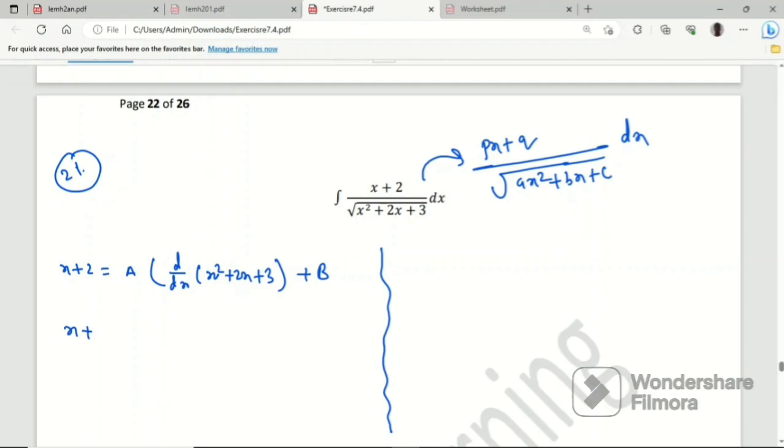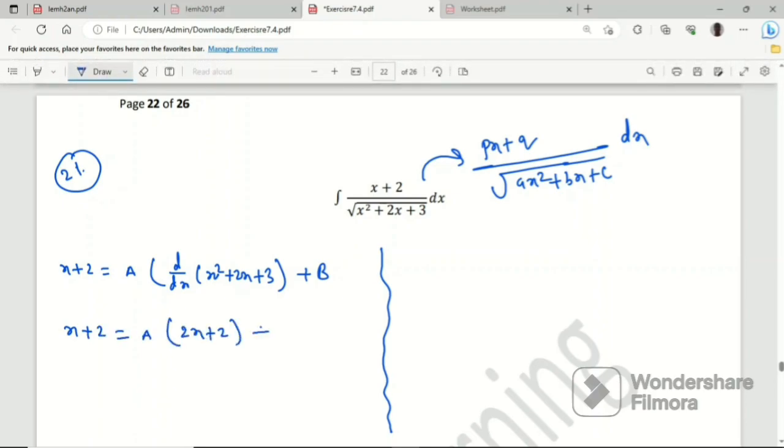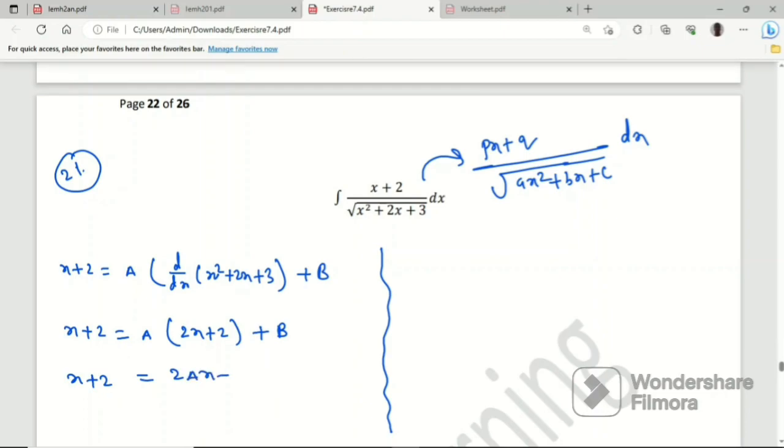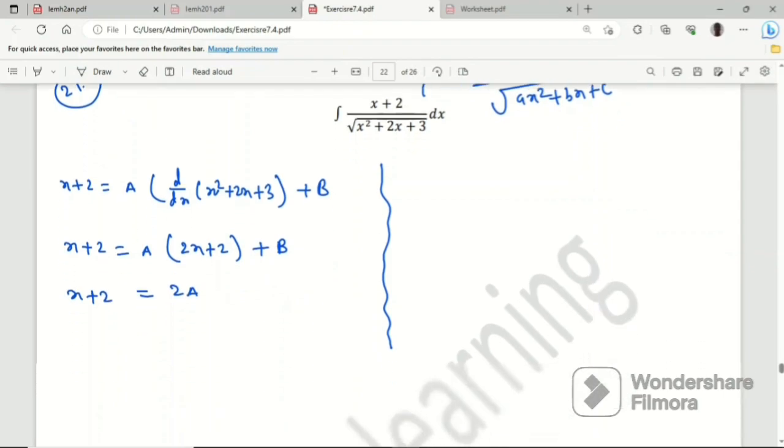I'll get x plus 2 equal to a into differentiation, which will give me 2x plus 2, plus b. So x plus 2 equal to 2ax plus 2a plus b. Directly here I am comparing, I am not writing anything.